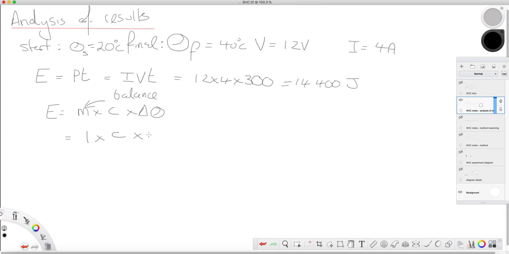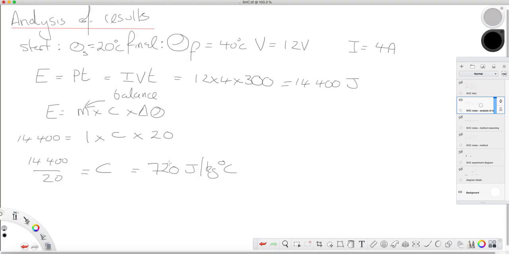Well, that's 40 minus 20, which is 20, equals 14,400. So if we divide our 14,400 by 20, that will give us our specific heat capacity. Now 14,400 divided by 2 is 7,200, so that's 720 joules per kilogram degrees C.